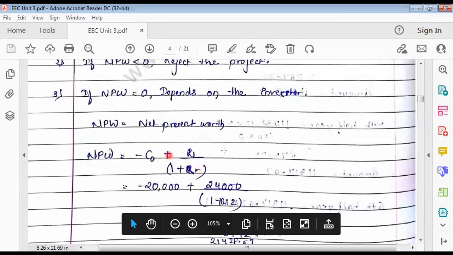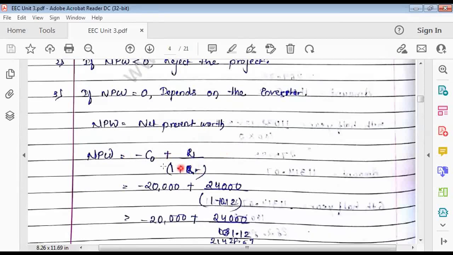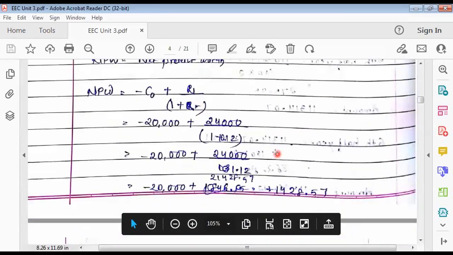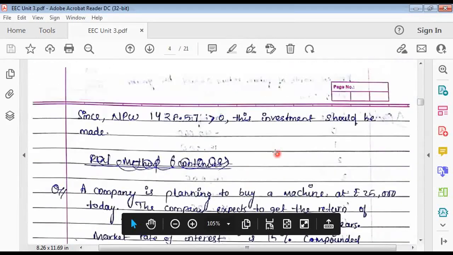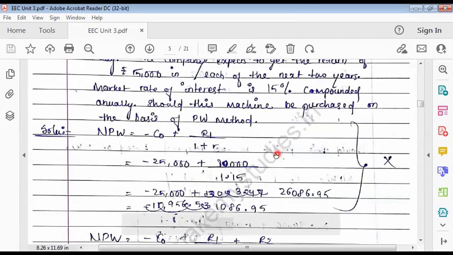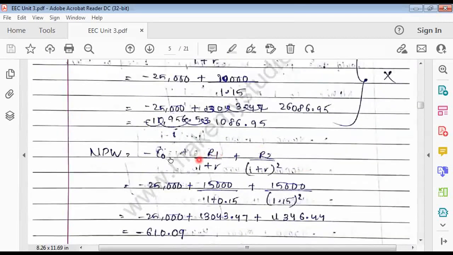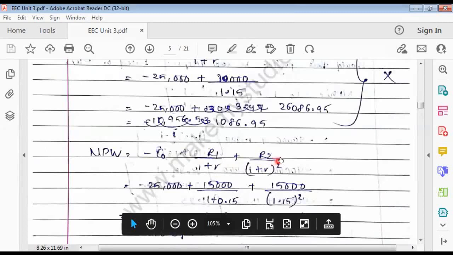Correct. But as I said, you should not be remembering this only, because there can be as many extensions you can have. For example, this one, you see, since revenue regarding 2 years has been given, in this question we made an extension up till 2 years. Correct?